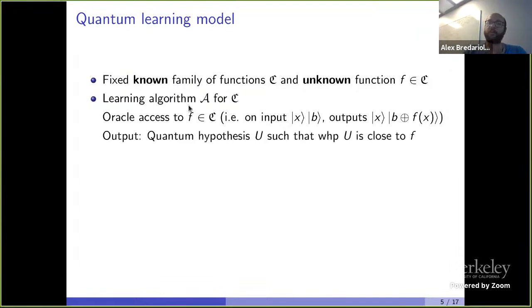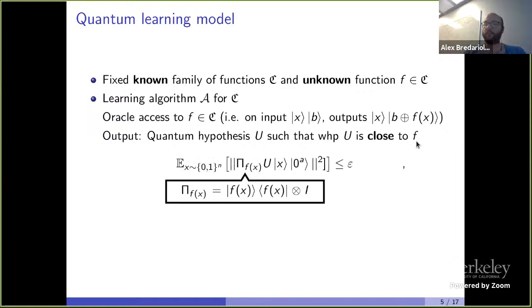We want our learning algorithm to output some quantum hypothesis U such that, with high probability, U is close to f. What do I mean by this unitary U being close to f? When you run this unitary on input x and some auxiliary bits initialized to 0, the output should be f of x with high probability, namely at least 1 minus epsilon.